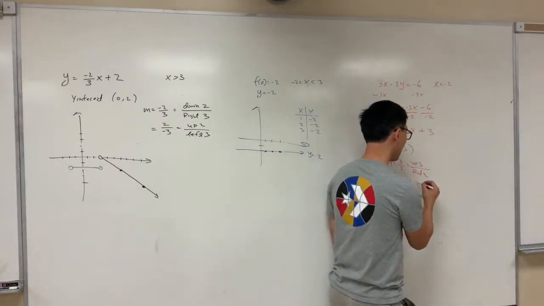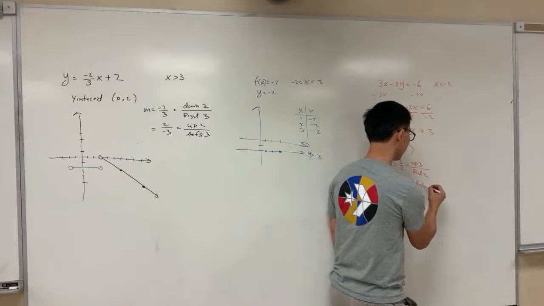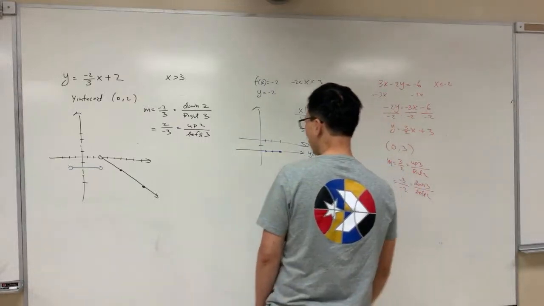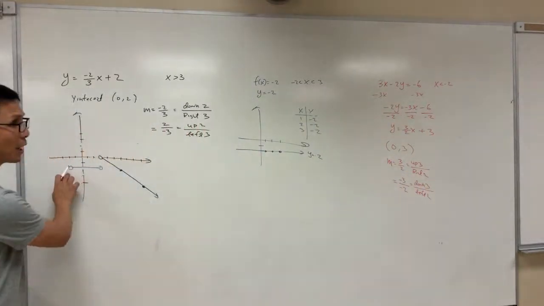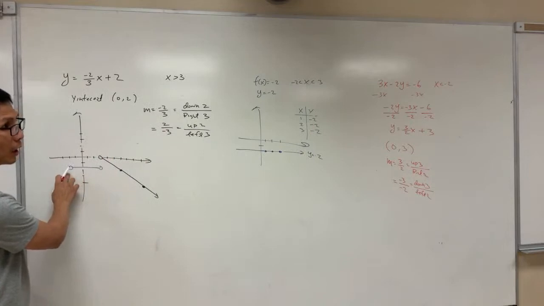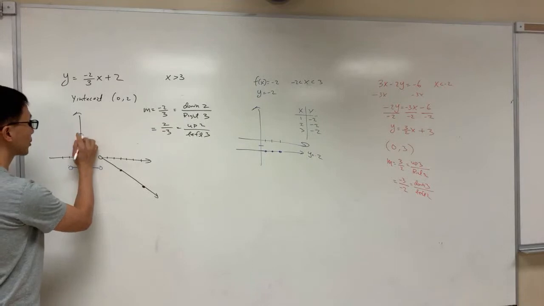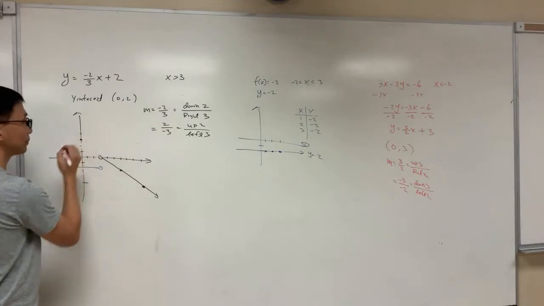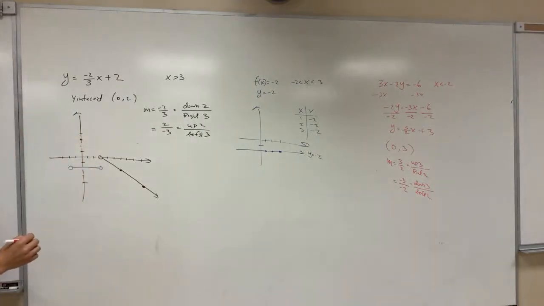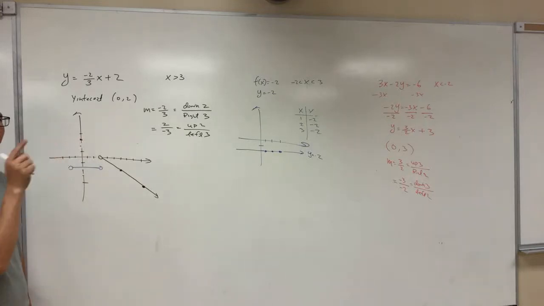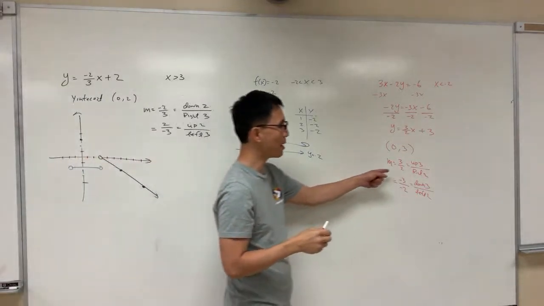So it's gonna be down 3 and left 2. But which one do I need? I'm gonna start with 0, 3, which is right here. Do I want to go up 3 and right 2, or down 3 and left 2? See, that's why you need to understand both.